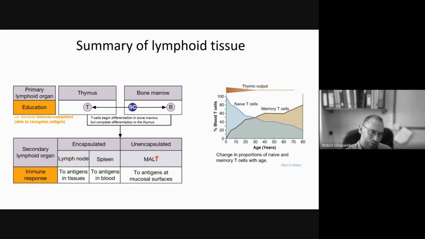Maybe I can find an easier word than that. Which are mixed in with epithelial cells and fibroblasts from the organ. So, for example, in the gut, there's something called the Peyer's patch.